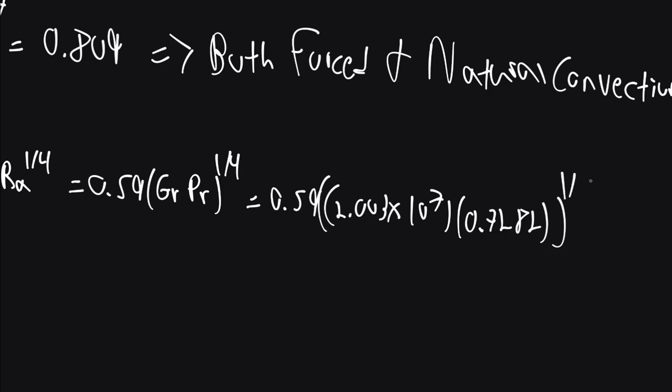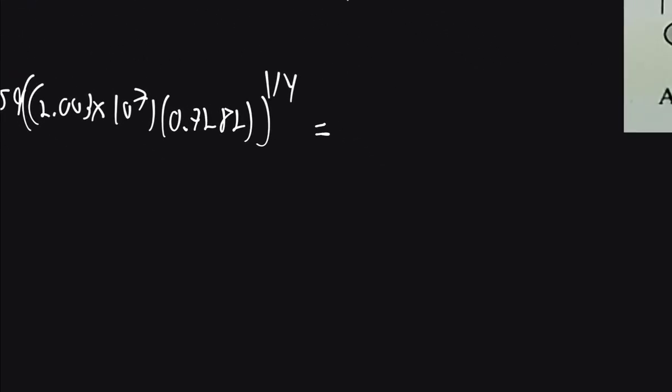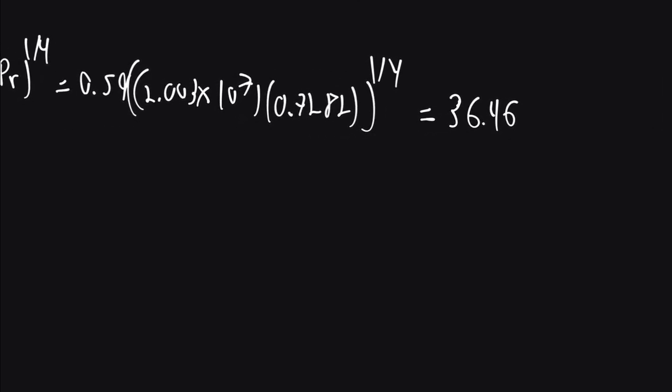And all of this is to the 1/4. Be sure to have your parentheses right here, because again, if you mess them up, then you will get the wrong answer. Be very careful with how you set up your parentheses. But you get a Nusselt number of 36.46.